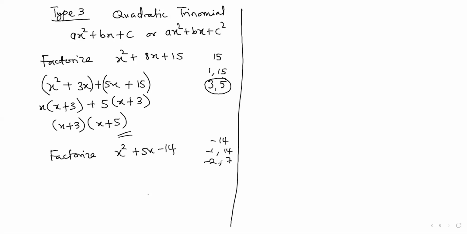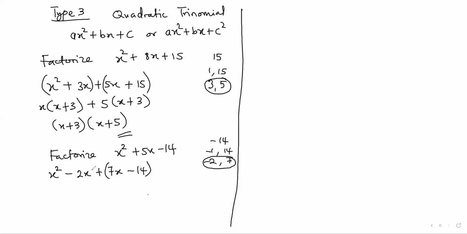In that order, we can also get 1 and negative 14, 2 and negative 7. But which of them can help us by way of adding to get 5? So you realize that negative 2 plus 7 will give you 5. So we now rewrite this as x squared minus 2x plus 7x. So negative 2x plus 7x gives you positive 5x, then minus 14.